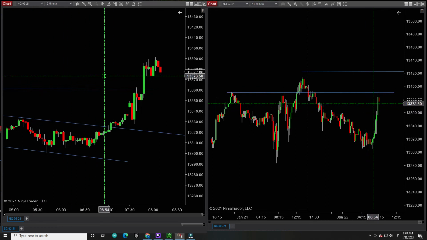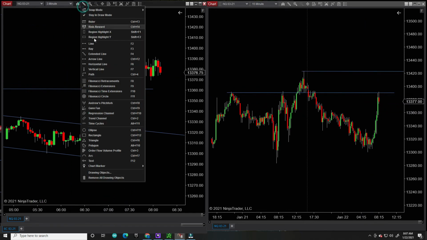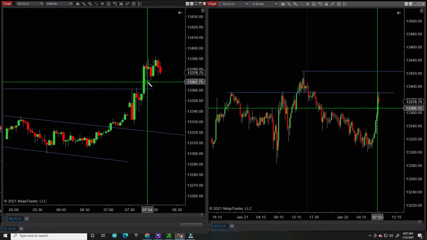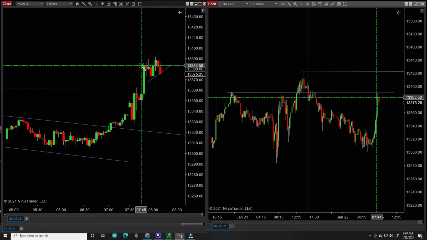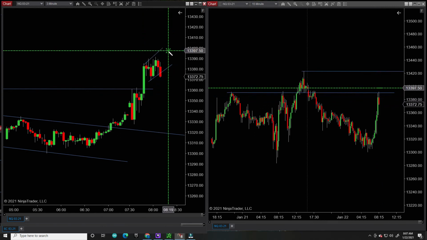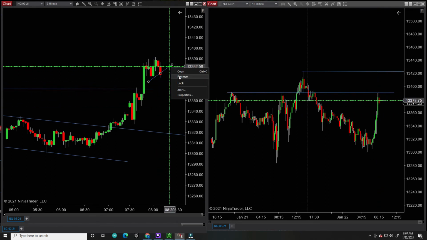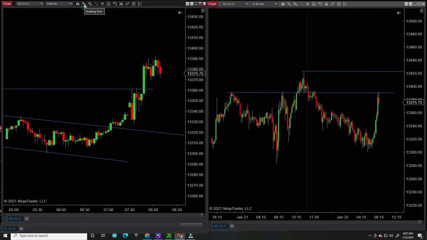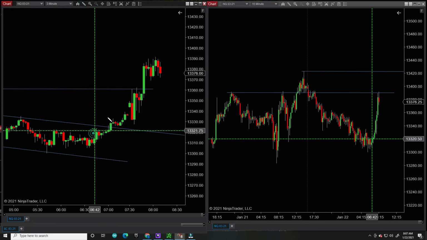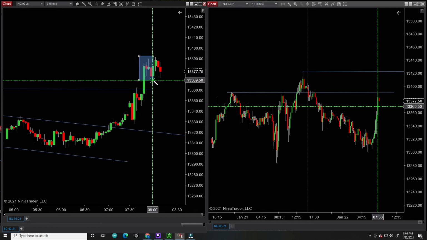So here we are again, trying to come down and test this level, but you see a little tiny channel trying to form here. Let's see if it holds that. There's also this entire structure here that is a range.